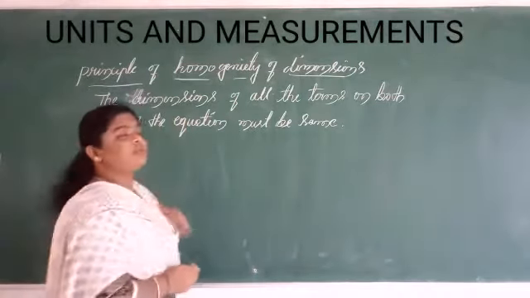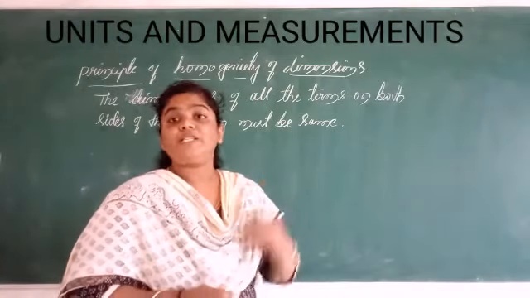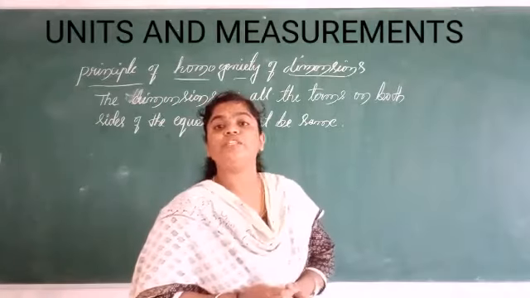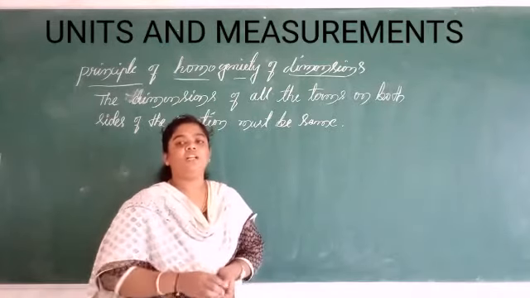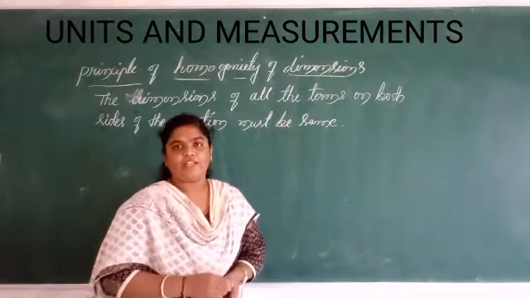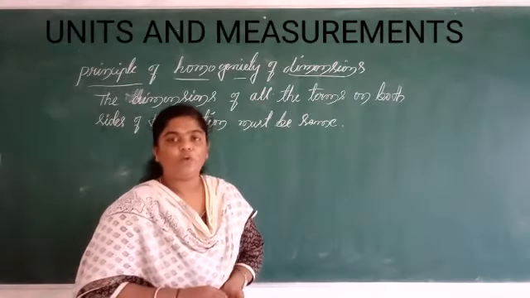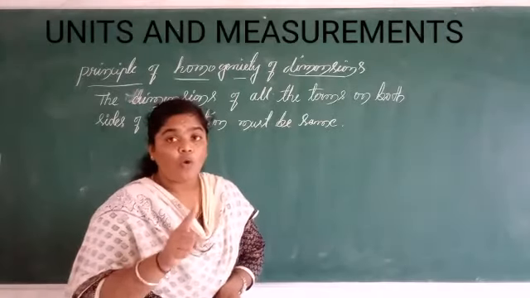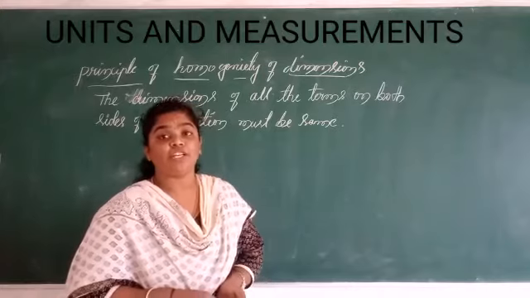That is the principle of homogeneity. This principle signifies that the magnitudes of physical quantities, magnitude meaning number, can be added together or subtracted from one another only if they have the same dimension.